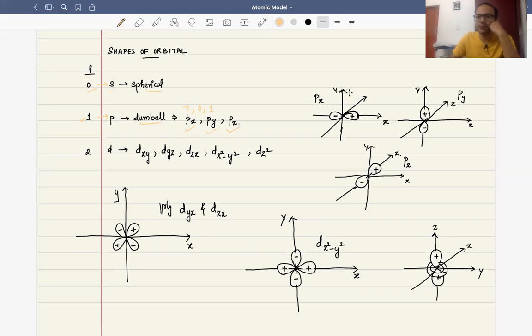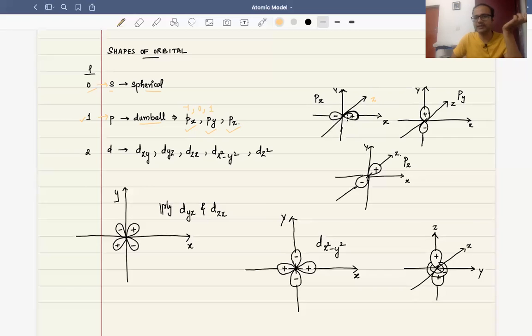So if you want to represent in a three-dimensional Cartesian coordinate, if this is your x-axis, this is your y-axis, and this is your z-axis, then when you talk about px, that means you have a dumbbell oriented along the x-axis.